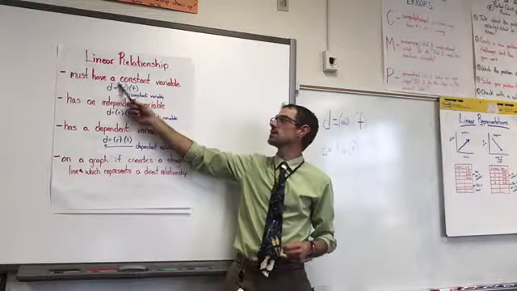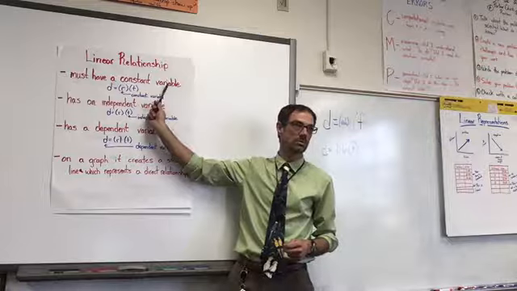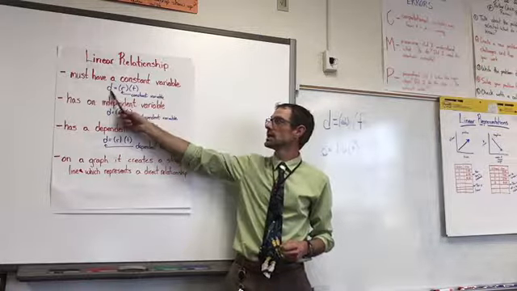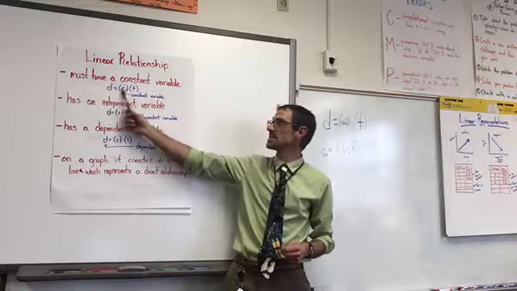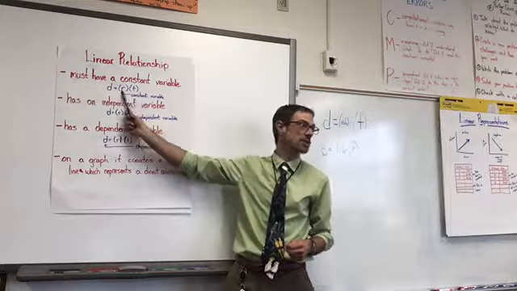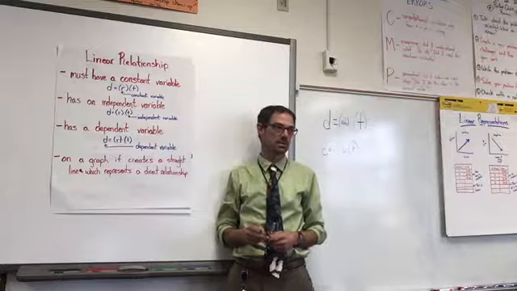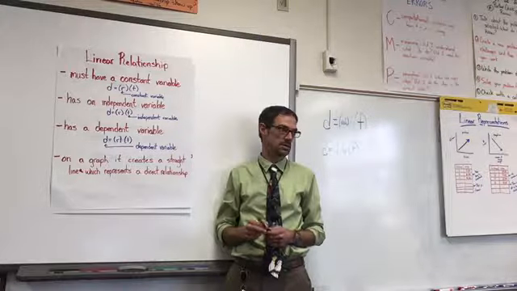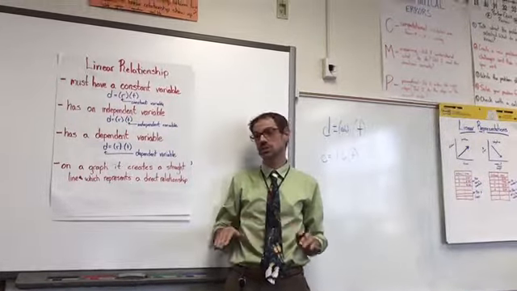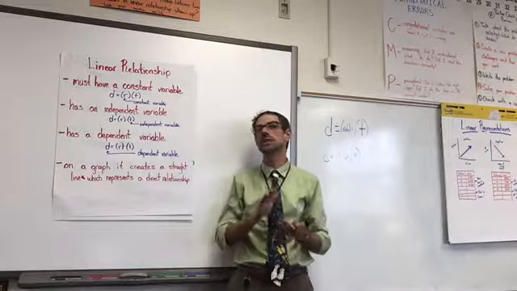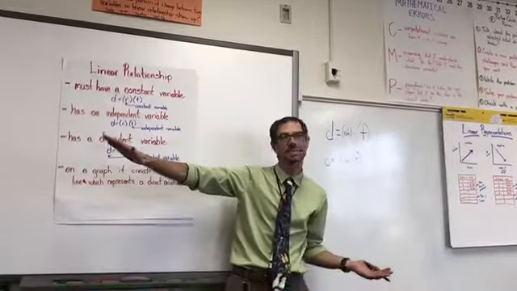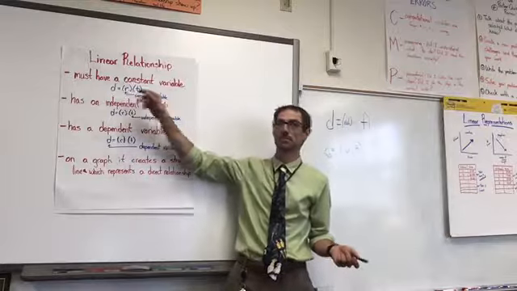You're going to have a constant variable. And in our distance equals rate times time, our constant variable is our rate. It's our speed, because it's not changing. We're assuming that that rate stays consistent. That makes it a constant variable.